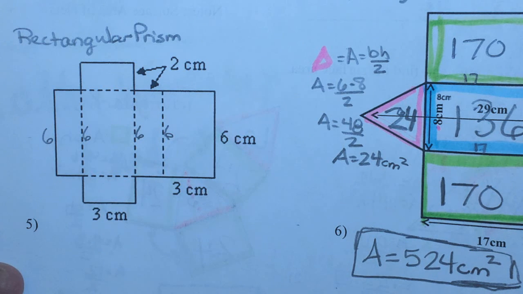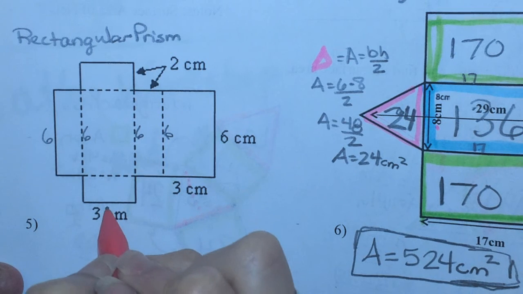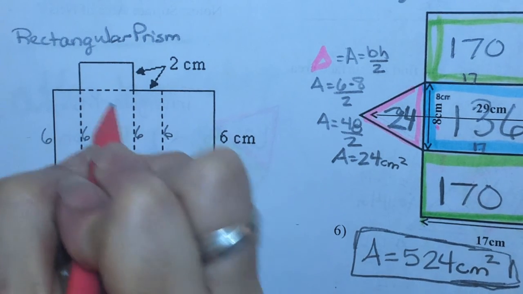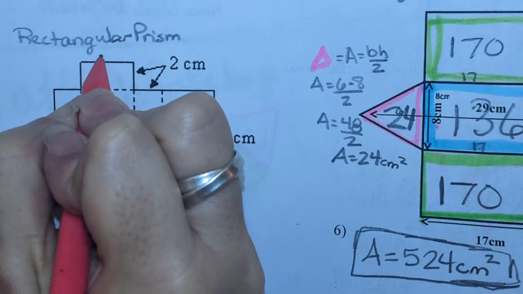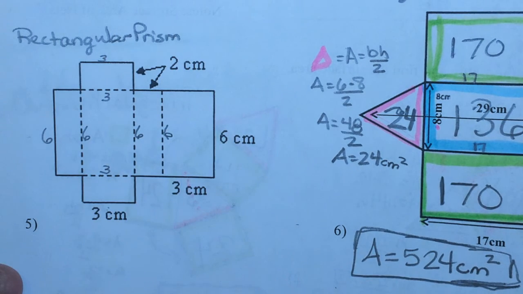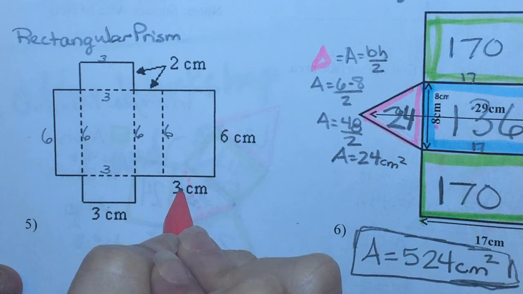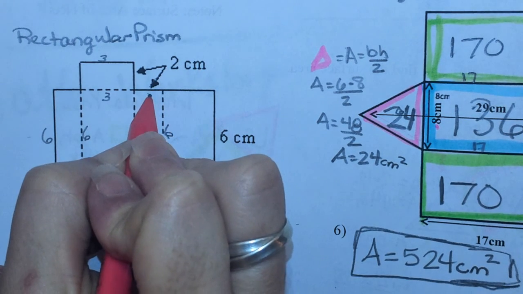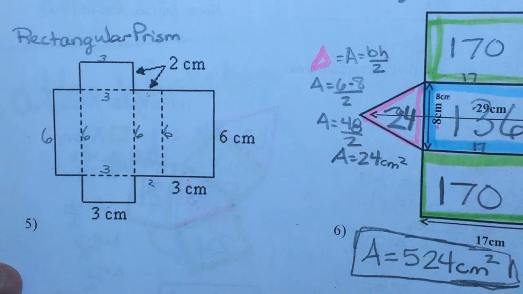Please stop and listen. If this is 3, then I know this is a 3. They have a 3 there. If this is 2, do y'all see how it's pointing there? Then we know this is 2, right? So I'm just pointing out some things.